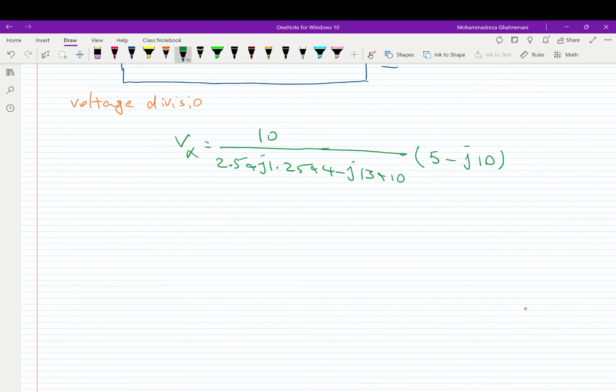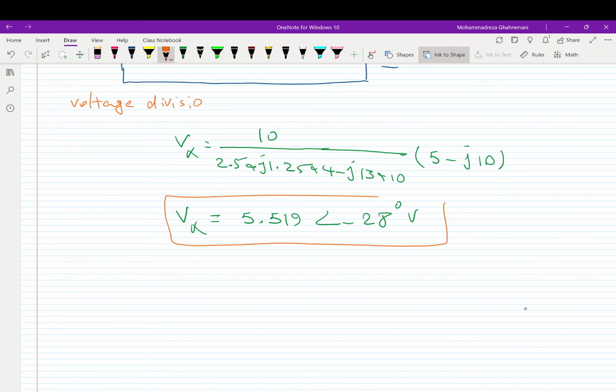If we calculate this number, Vx will be equal to 5.519 with the angle of negative 28 degrees volt. So this is the result. Okay, this is the Vx.